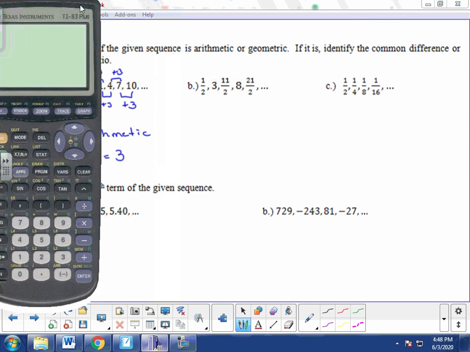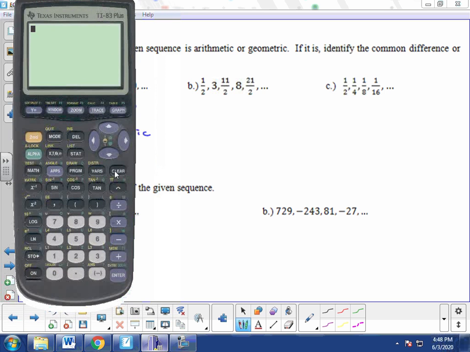So if I wanted to figure out what's being added, I would take 3 minus 1/2 and see that I'm adding 2.5 to get from one term to the next. Then if I take 11 halves minus 3, I added 2.5 again.